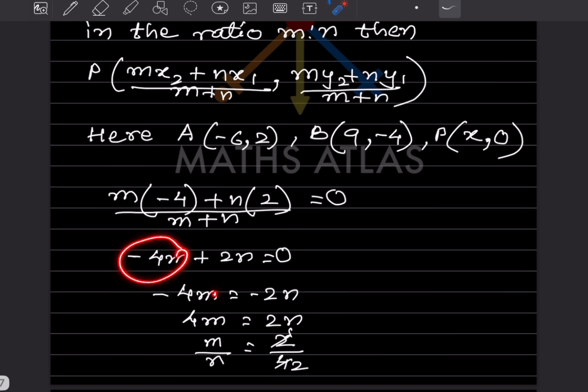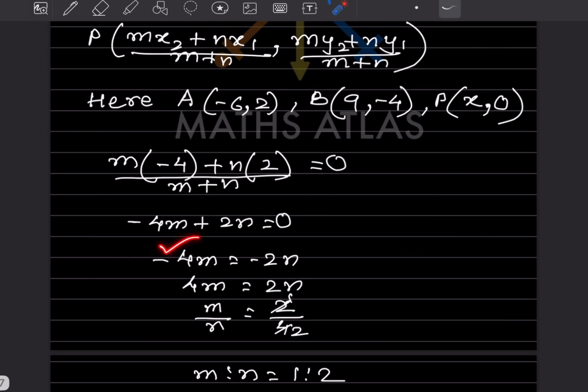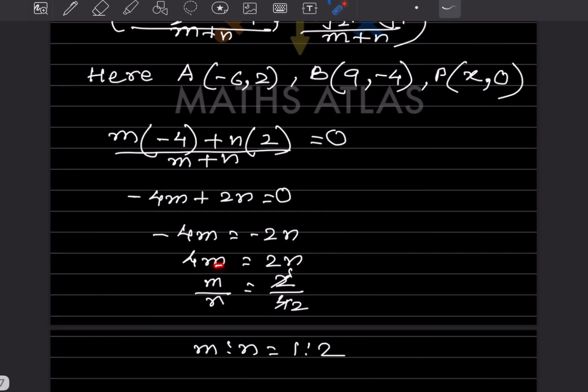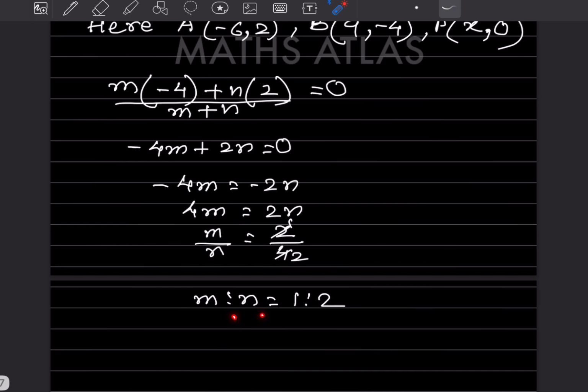So here minus 4m, if this goes on the other side, will be minus 2n, the sign changes. Now you can see the negative sign on both sides, so we can cancel out. So 4m will be 2n. So m by n, this is multiplication, so n will go here, means it will get divided. 2 is already over here, 4 is multiplication, so 4 will go in the denominator after changing the place. So this is going to be 1 by 2. So for this one we can write m is to n, that is going to be 1 is to 2.